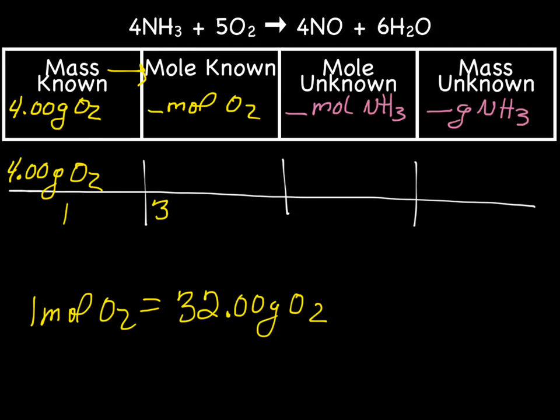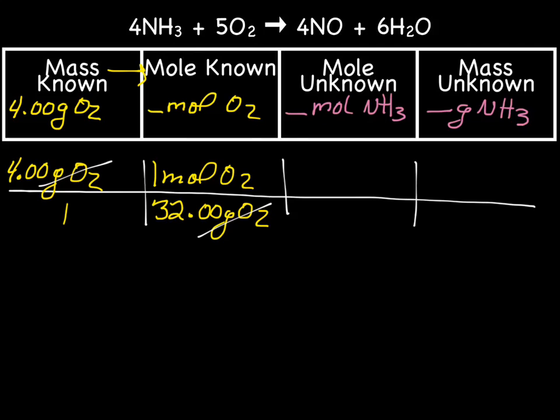We'll put 32.00 grams O2 on the bottom and 1 mole O2 on the top. See if these cross out. Grams O2 does cross out with grams O2. We're at mole O2, which is where we expect it to be. So far, so good.